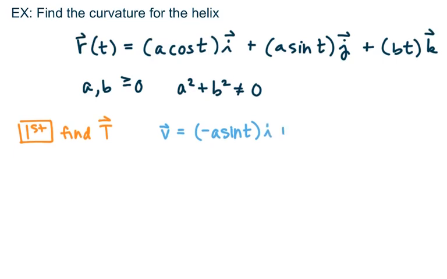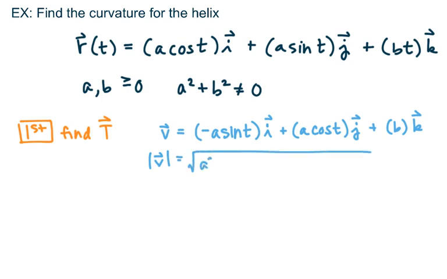The derivative of sine is positive cosine, so a cosine t j, and the derivative of bt would be b times k. The magnitude of v is the square root of a squared sine squared t plus a squared cosine squared t plus b squared.